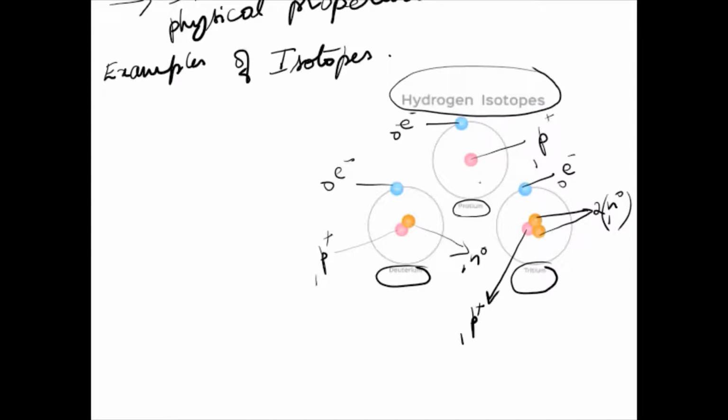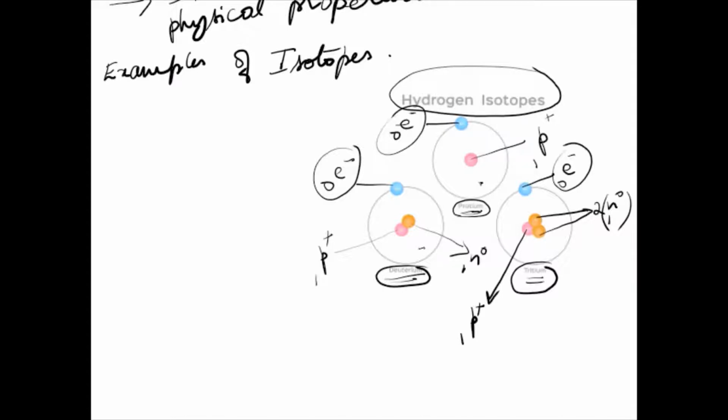Protium has no neutron, deuterium has one neutron, and tritium has two neutrons. So this is how the isotopes differ in the number of neutrons, but all of them have one electron in their electron shells. All of them have one electron. So all of them are isotopes of hydrogen. They have the same chemical properties, but they slightly differ in their physical properties because of the difference in the neutrons.